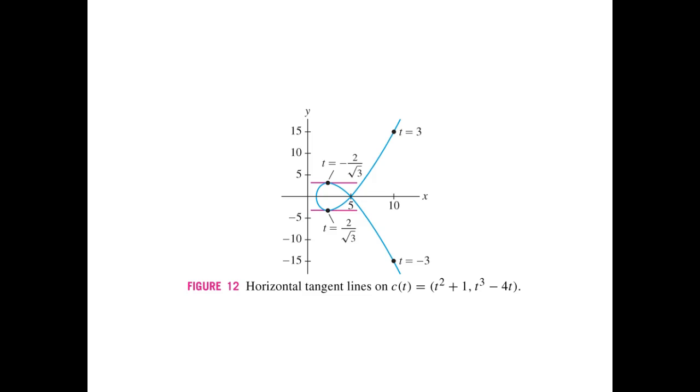T equals 3, that'd be 9, and 27 minus 12.